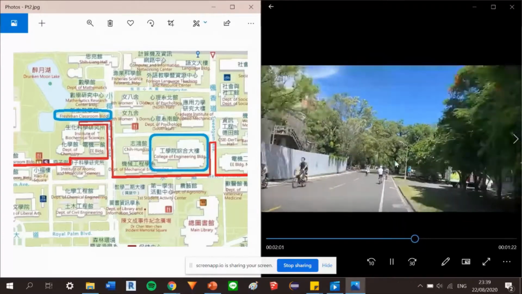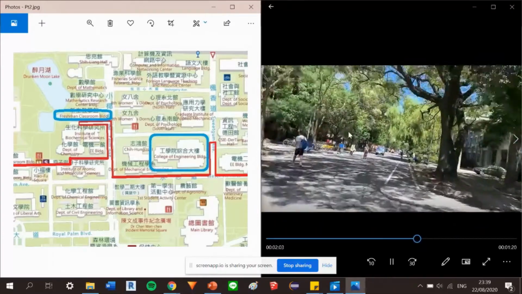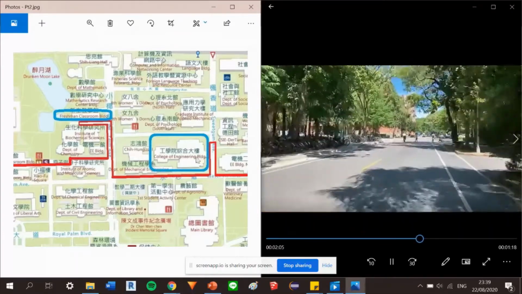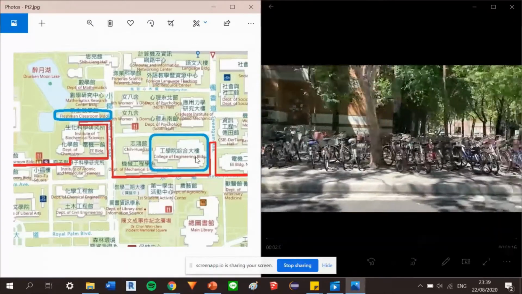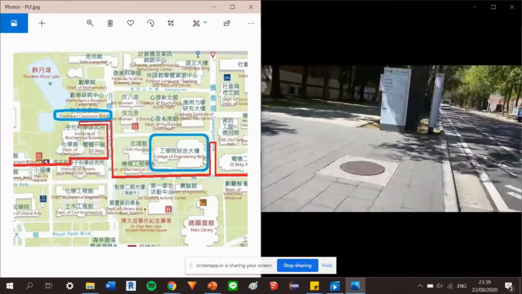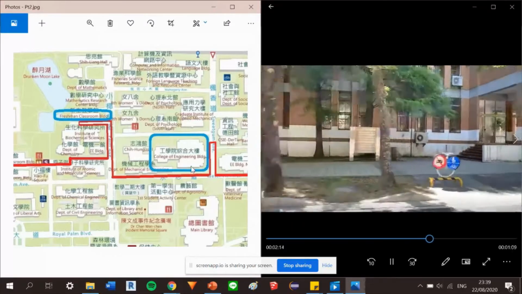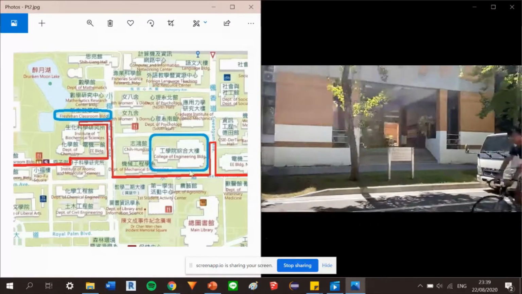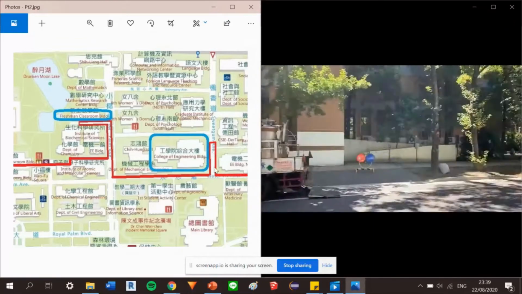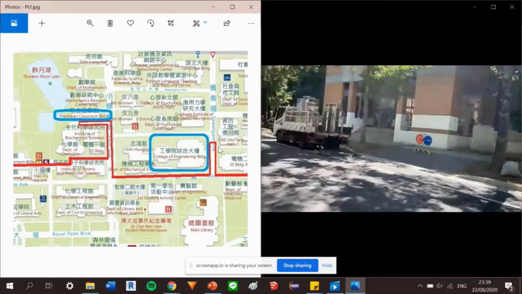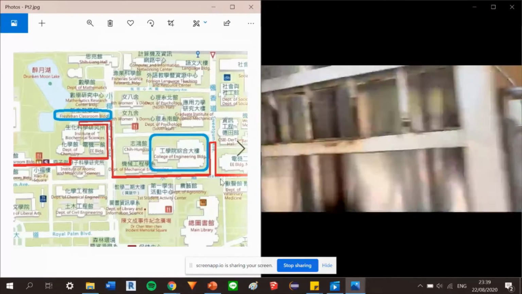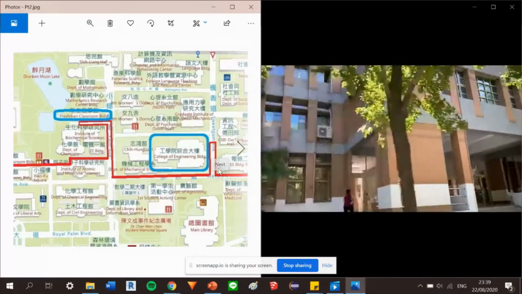And on our left side right here, it is the College of Engineering building. So here we go left, and this is still the same building. So it's pretty huge. So we take a U-turn and go left.